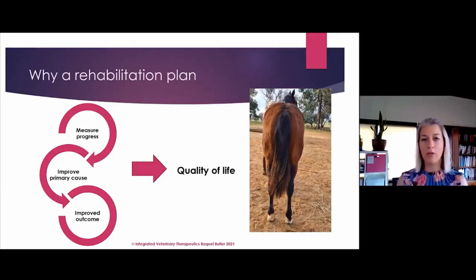And then ultimately we want to improve the outcome. So we want to reduce scar tissue and adhesions. We want to make sure that we've got full range of motion back in that area, leading to the horse's improved quality of life overall, and hopefully getting them back to full performance, and if not better than they were before.